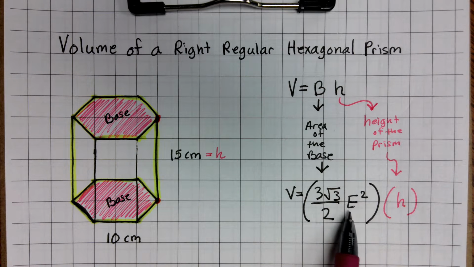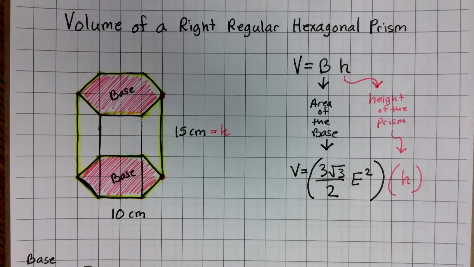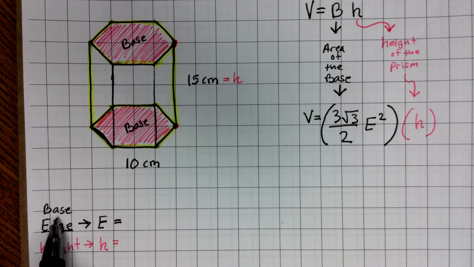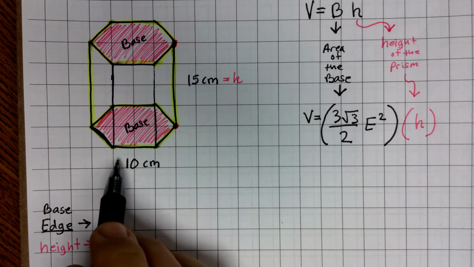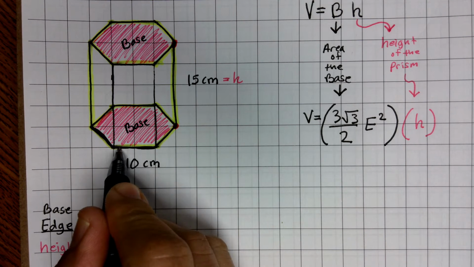Now this big E here, notice I didn't write a little e because I didn't want to get it confused with a log, but I have this capital E, and that capital E stands for the edge of the base. So I'm going to add a note down here, move this up. Notice it says base edge. So the base edge in this case is 10 centimeters. In other words, we're talking about any one of these edges.